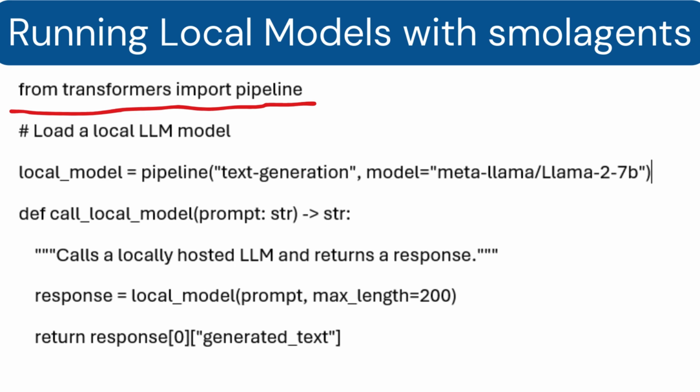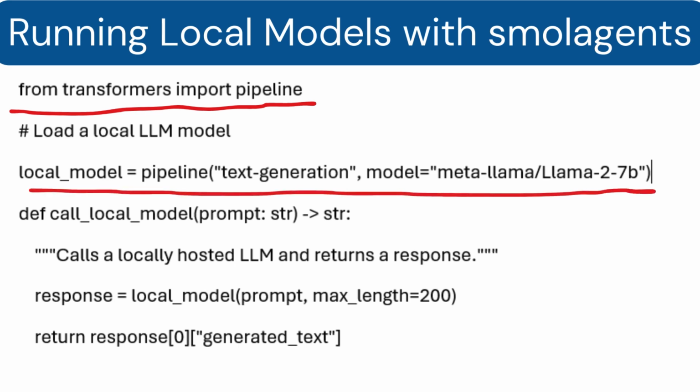Step 2 is loading the local model. local_model = pipeline("text-generation", model="meta-llama/Llama-2-7b"). Here's what's happening in this line. We're creating a pipeline for text generation, meaning this model will generate responses to user input.